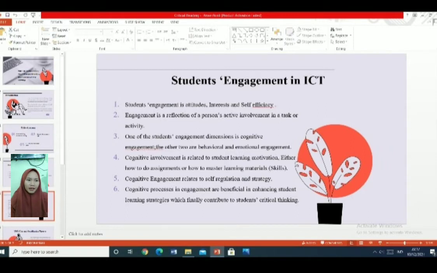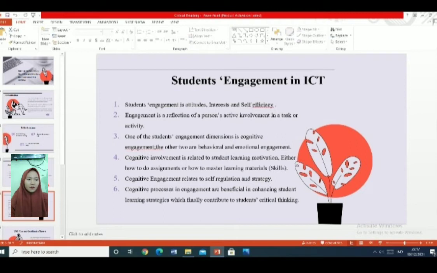That means in this case, students must be actively involved in carrying out tasks, and one of the active involvements here is behavior and emotion, where the teacher can assess the behavior of his students.